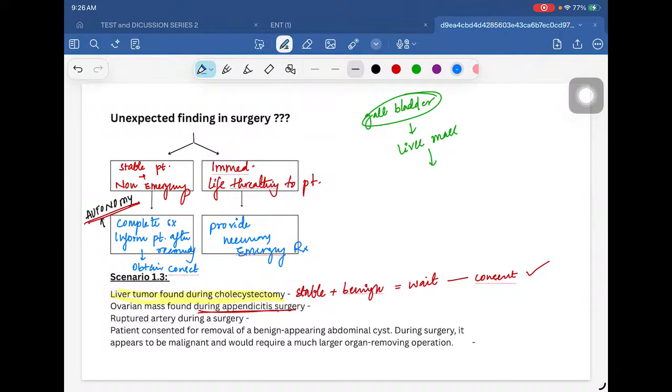This is also not an emergency one, so you wait and then you get consent. Next, ruptured artery during a surgery. This is an emergency one, so you basically proceed without consent.